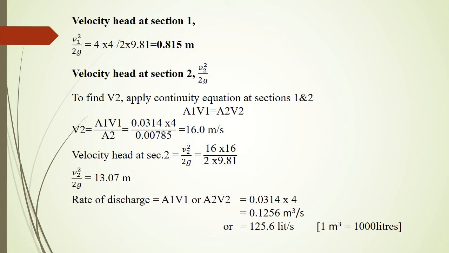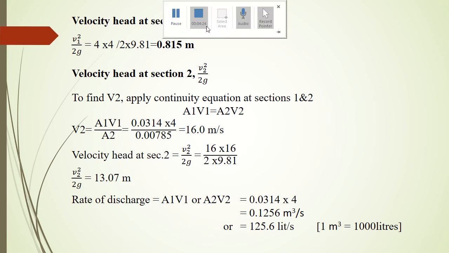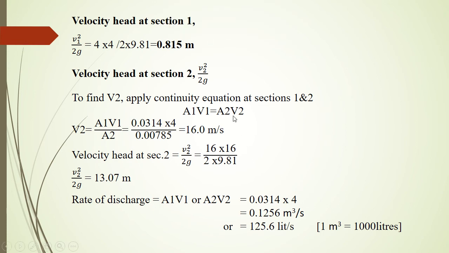That is A1 v1 is equal to A2 v2. If you apply the continuity equation at sections 1 and 2, it becomes A1 v1 equals A2 v2. Because I want to know the velocity v2, equate it to v2, then it becomes A1 v1 by A2.